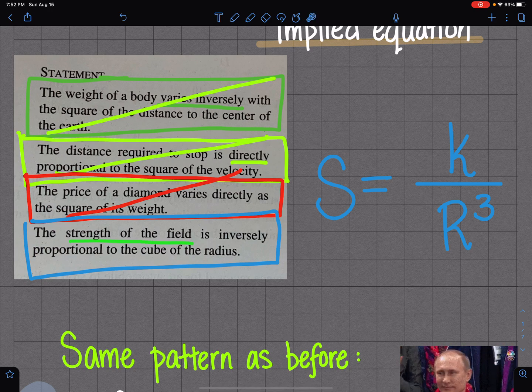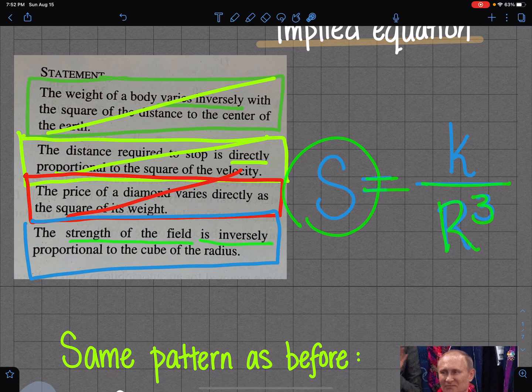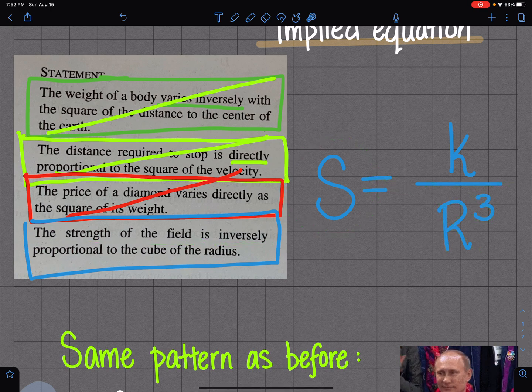The strength of the field, so S, is inversely proportional, got it, to the cube of the radius. Yes, so this means that if the radius goes up, the strength of the field is going to go down. Not just going to go down, but go down by a lot because it goes down by the cube factor of that radius. So that's going to be a big change.